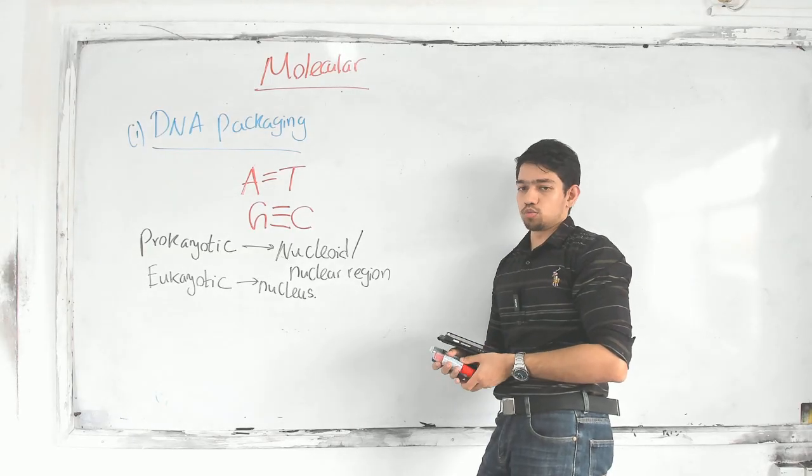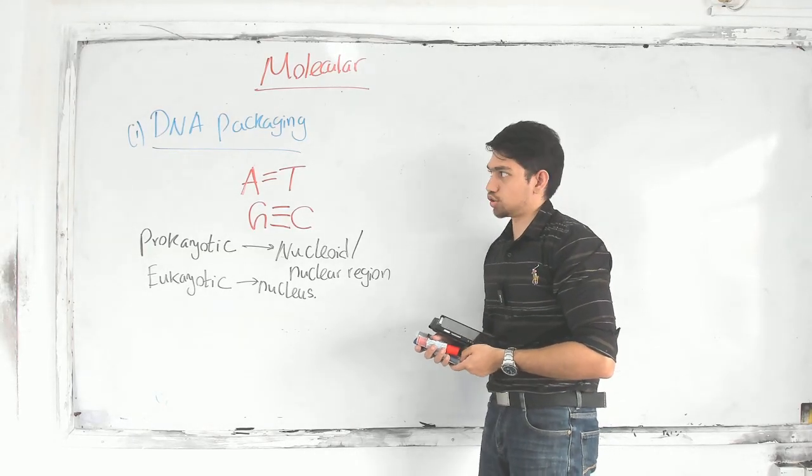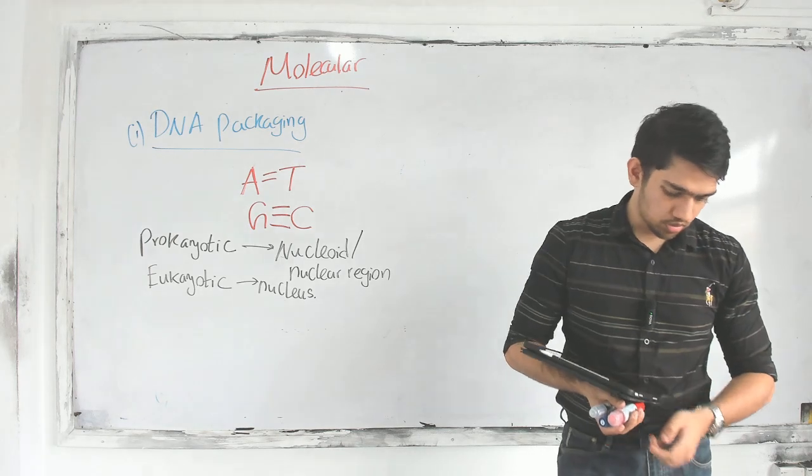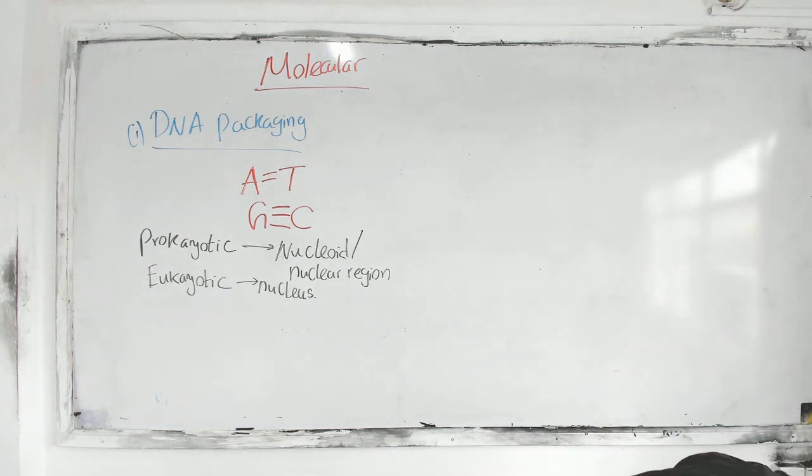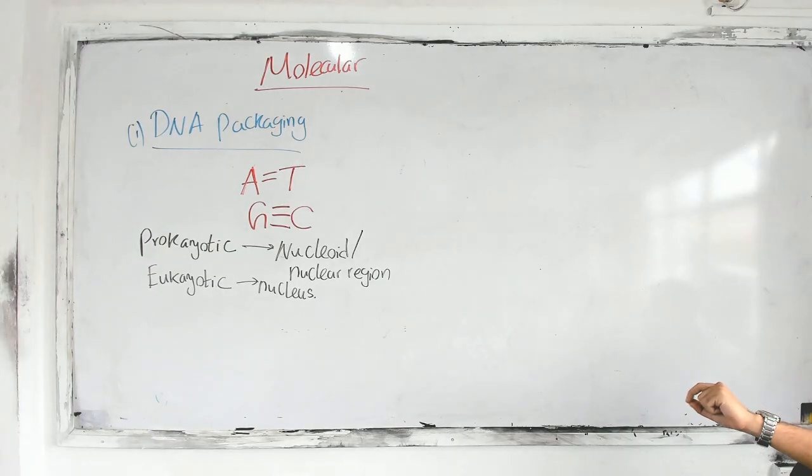Subtopic, architecture of chromosomes. What is architecture of chromosomes? The way DNA molecules are arranged in the nucleoid or nuclear region of prokaryotic or the nucleus of eukaryotic. Write down that.